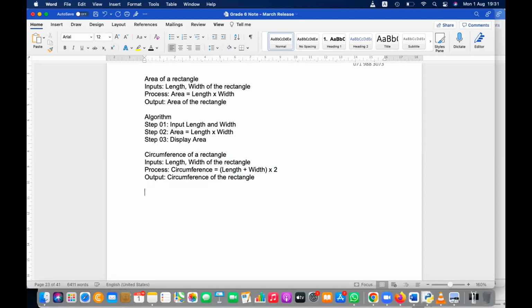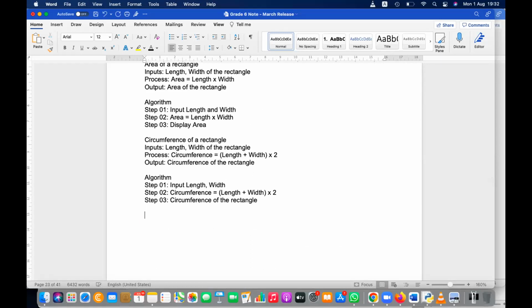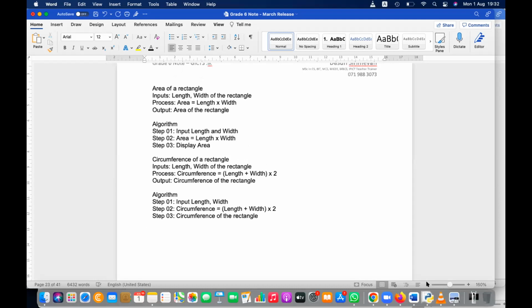So algorithm. Step 01 can say input. Step 02. Step 03. I also ask you to draw the flow chart.